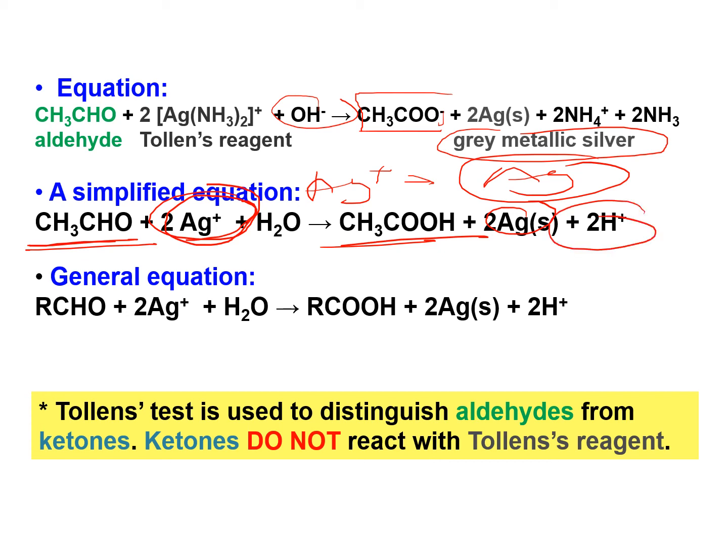Okay, so this is the general equation. Tollens test is used to distinguish aldehyde from ketone. Ketone does not react with Tollens reagent, only aldehyde. Okay, in any oxidation reaction, only aldehyde will react with the oxidation agent.